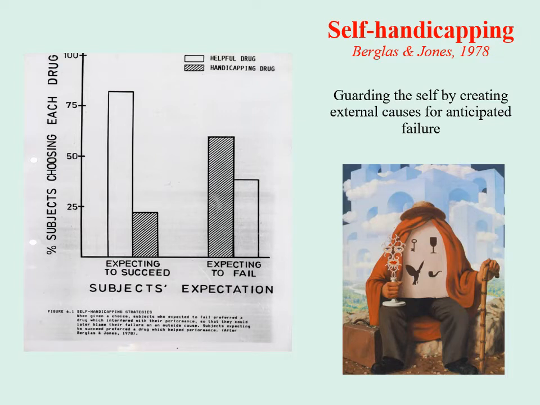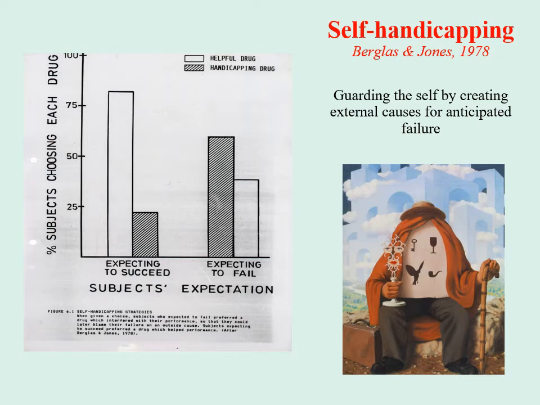Now the question is, would you choose to take a handicapping drug when you expect to fail, which would seem ridiculous, or would you be more likely to do it when you are confident and you expect to succeed? As you can see in the figure, what happened is that people who expected to succeed were more likely to take the helpful drug because they were confident that they will do well. People who were expecting to fail were significantly more likely to take a handicapping drug.